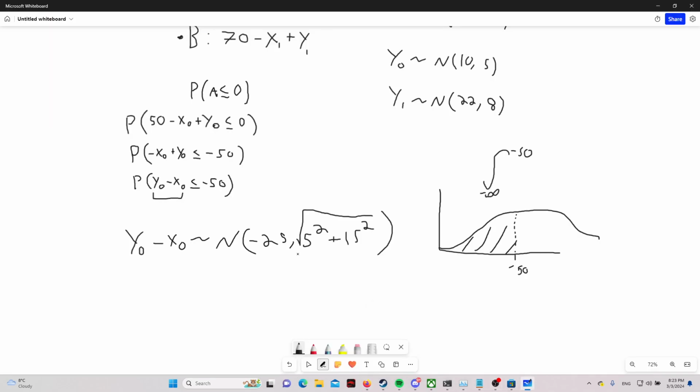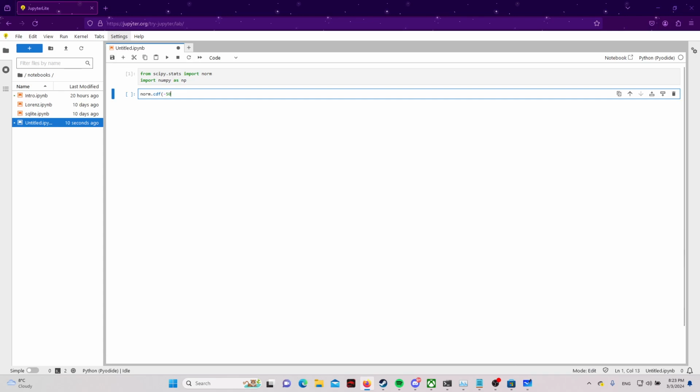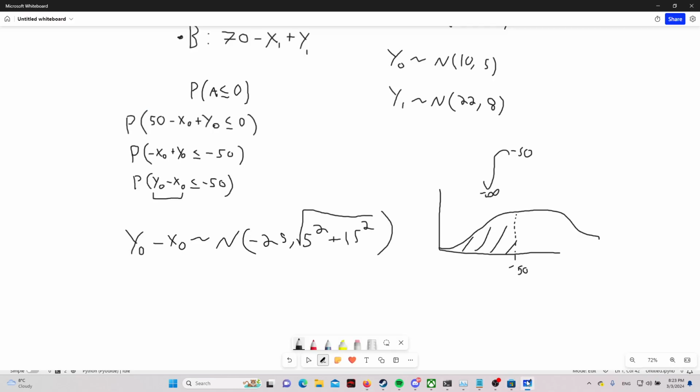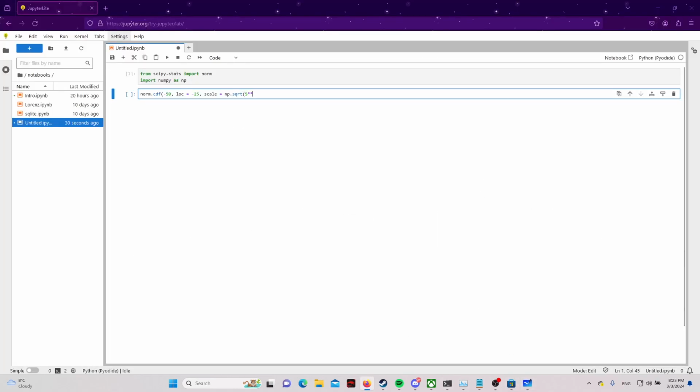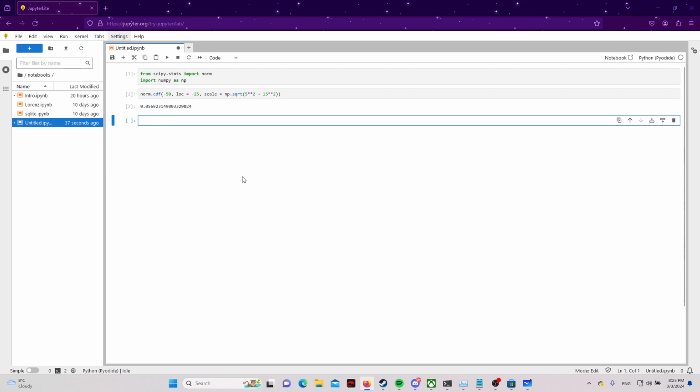So first we want the value -50. So the value is -50, the loc is -25, and then the scale is 5 squared plus 15 squared, and that's under a square root. And so that is 5%.